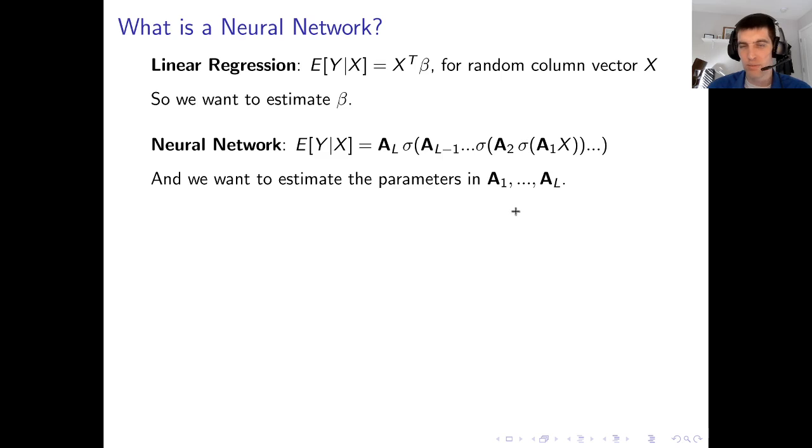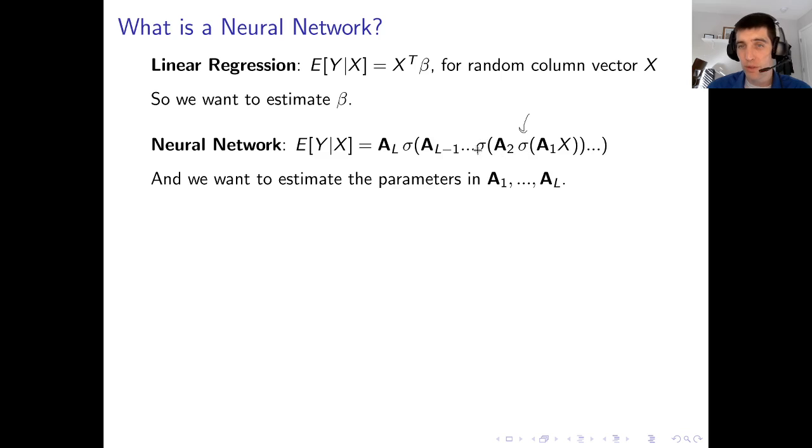So this is the structure of the conditional mean of y given x: it's not linear, it's almost linear in the sense that we have these linear operations, but we have this little bit of nonlinearity in between each application of the matrix. This makes a neural network nonlinear.